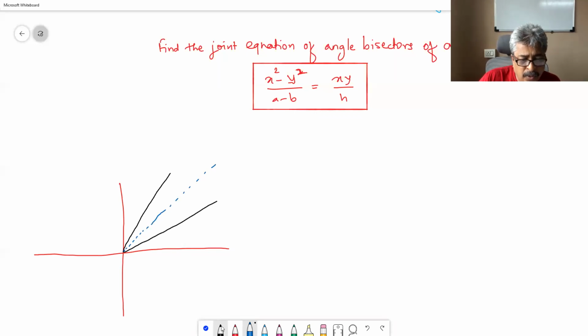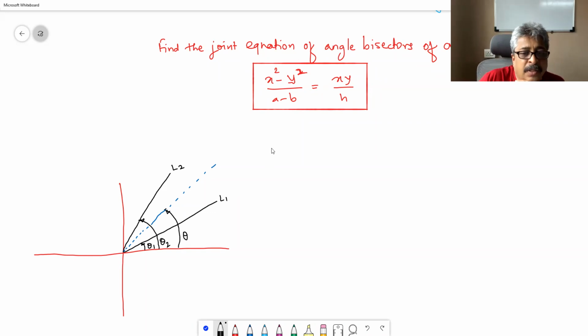Let me call the angle of the first line theta 1, the angle of L2 theta 2, and let me call the bisector angle theta.